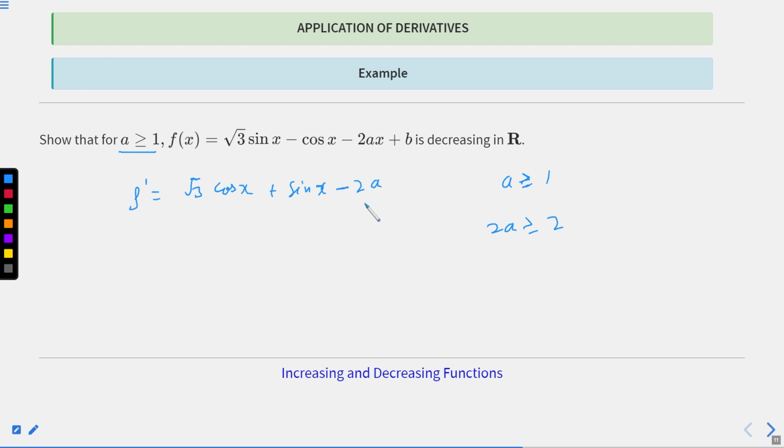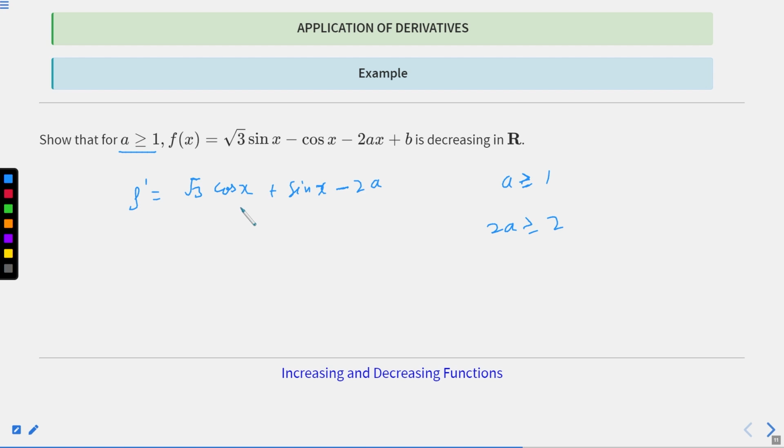First of all, consider root 3 cos x plus sin x minus twice of a.